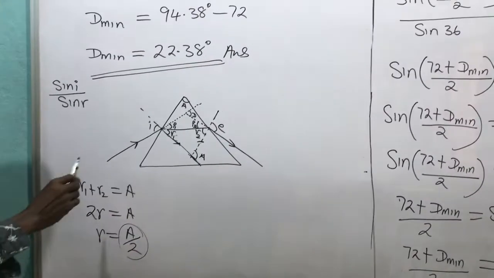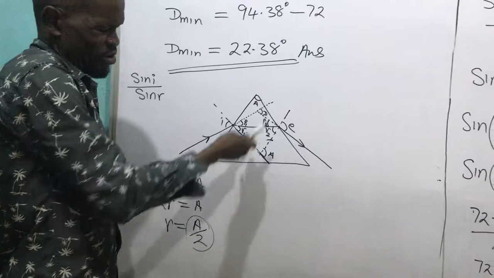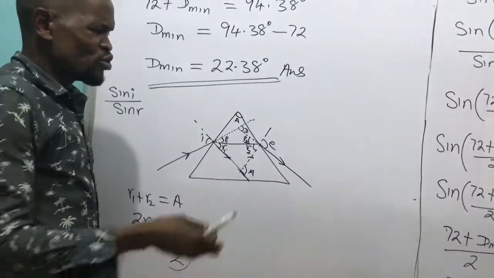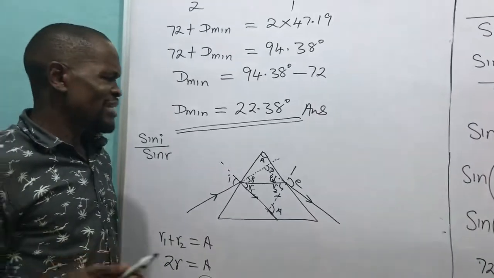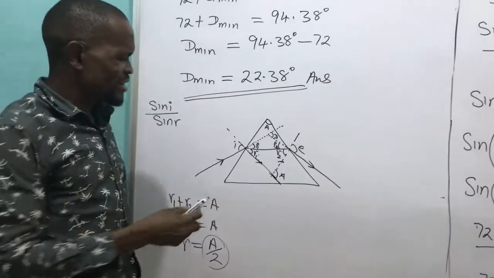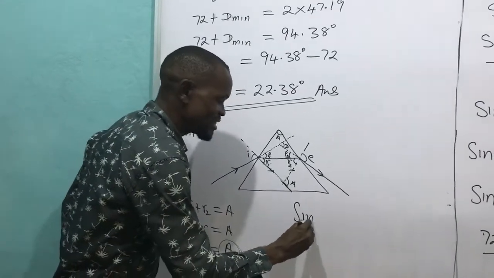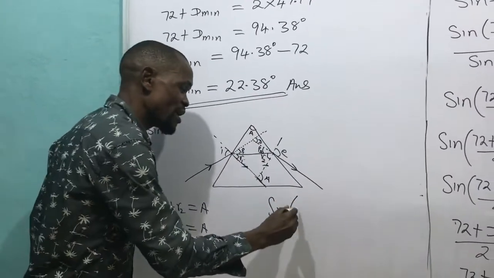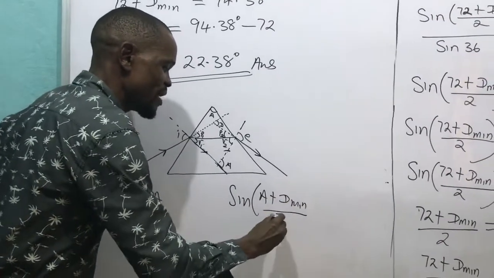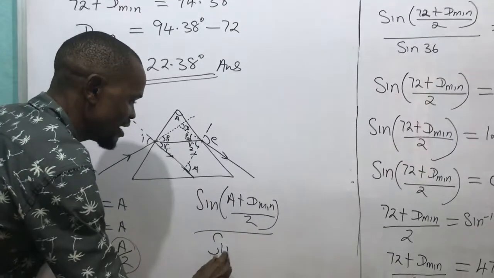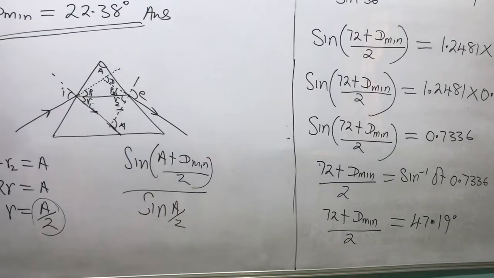Then again, in our subsequent video, I will continue to prove this formula, and you'll be able to solve questions on that formula. So subscribe so that you get the next video, because there's a question that asks us to prove the formula we have stated, which is sine of (A plus minimum deviation) divided by 2 all over sine of A over 2, which has been asked in certain years.